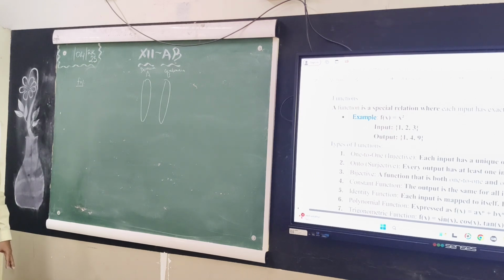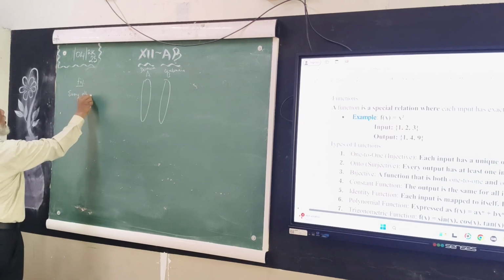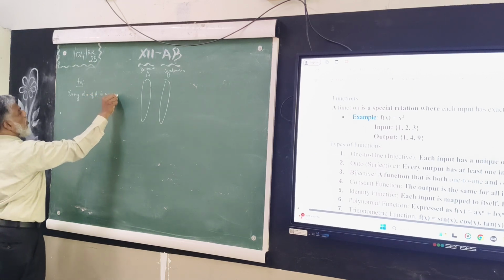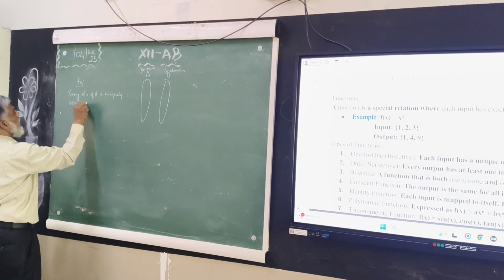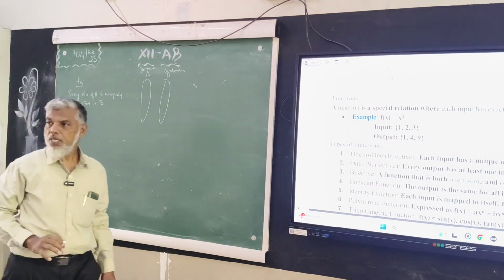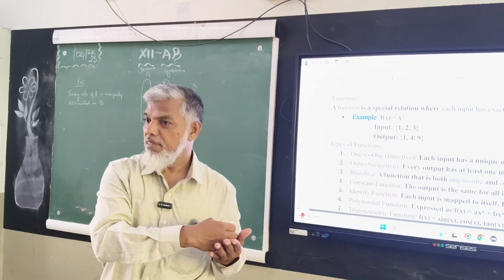All the elements of the domain A are uniquely associated in B. Or every element of A is uniquely associated in B. This is the definition we studied previously.